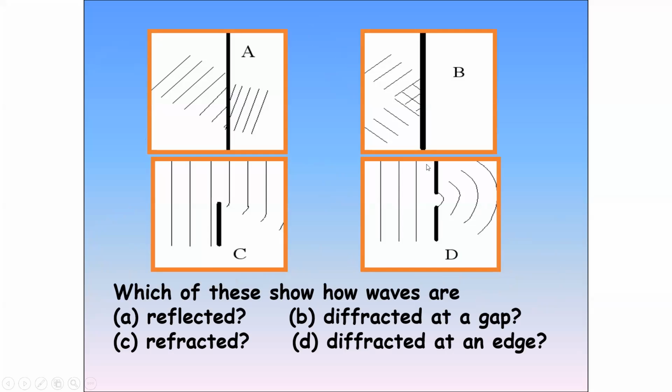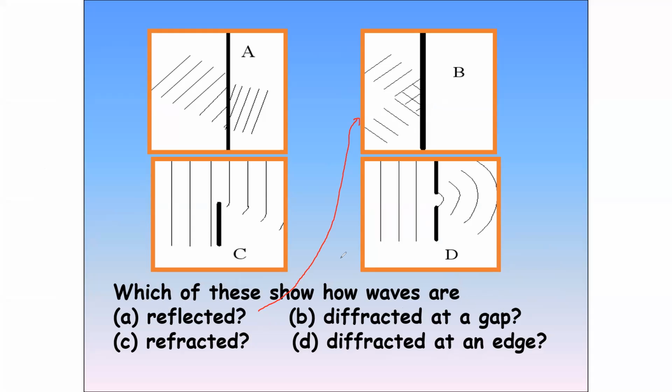Which of these shows a wave reflected? What's the answer for the reflected one? So B is the right answer for reflected. Which of them is showing a diffraction at a gap?